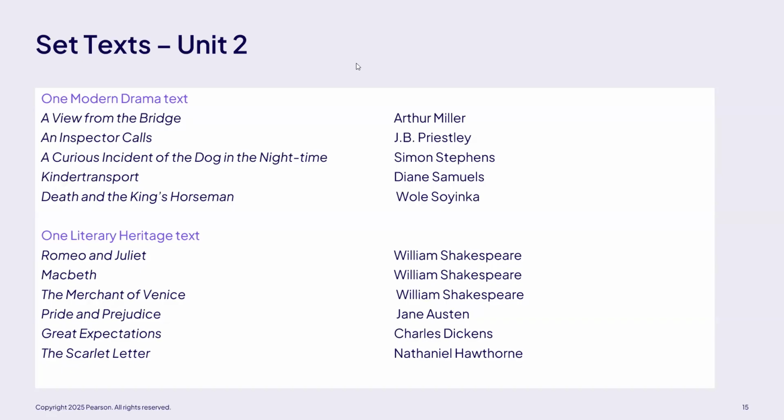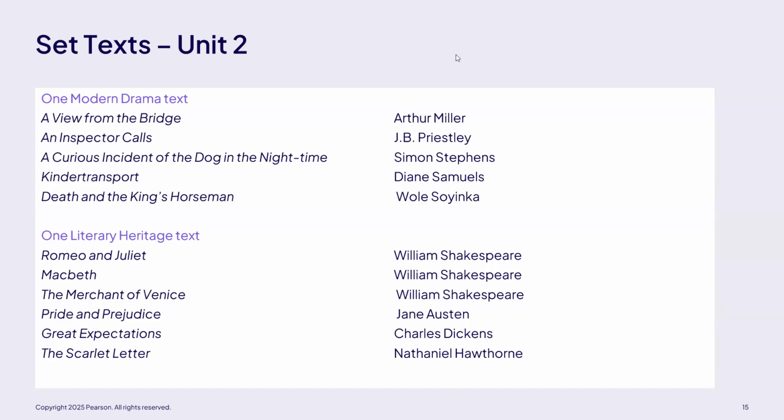An Inspector Calls and Macbeth, that seems to be a very popular route. A View from the Bridge, Romeo and Juliet. So we've got a few different ones there.